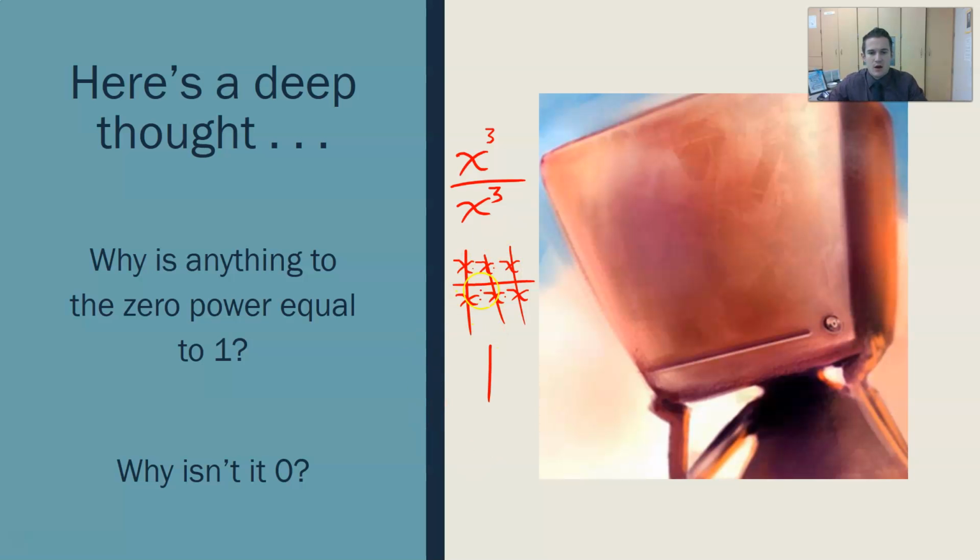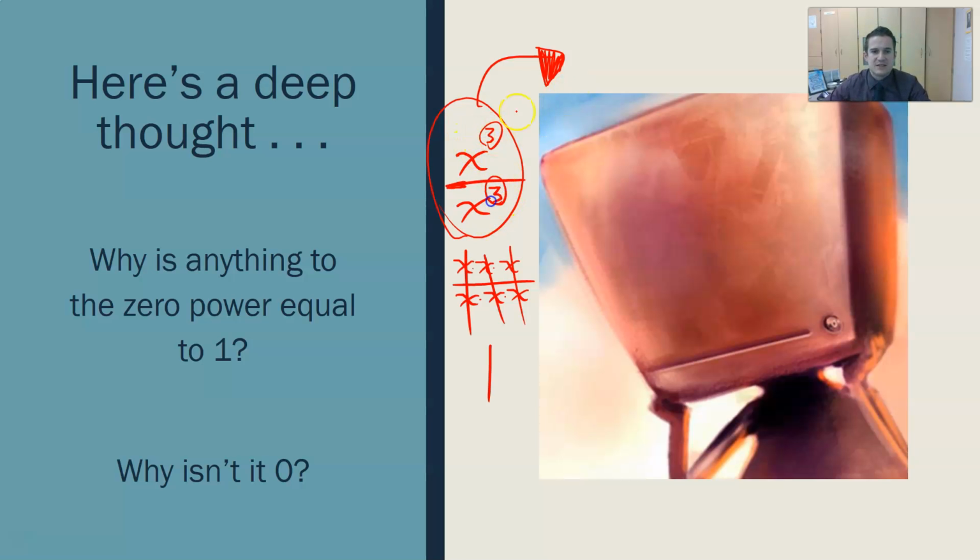Okay. Well, if I take what I learned in that first lesson when we were talking about multiplying and dividing exponents, the quotient rule says when I have two bases with exponents, if I'm dividing those bases, then I subtract the exponents, which would be x cubed over x cubed.